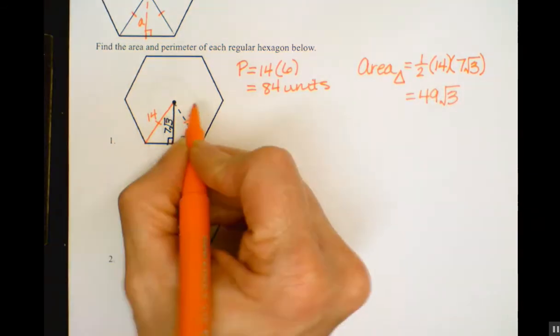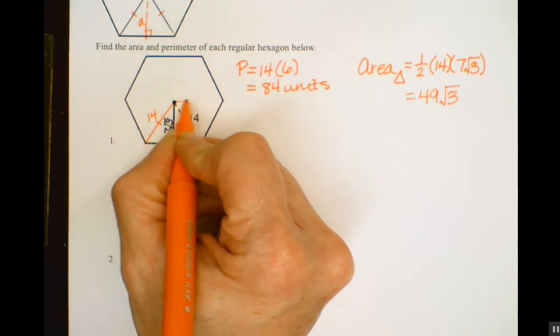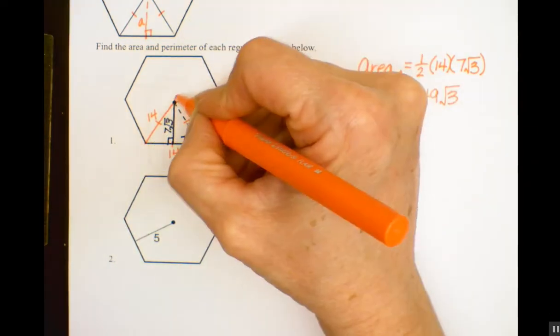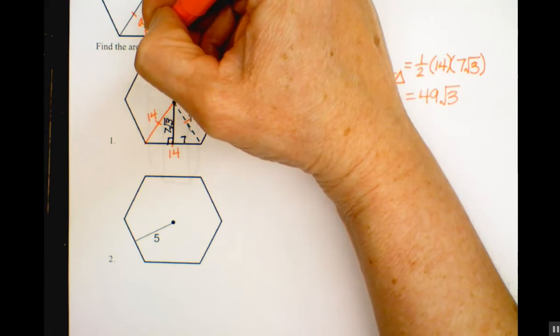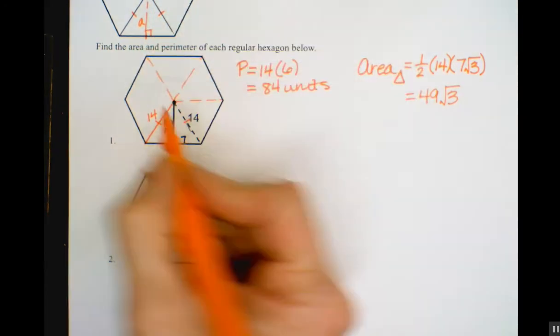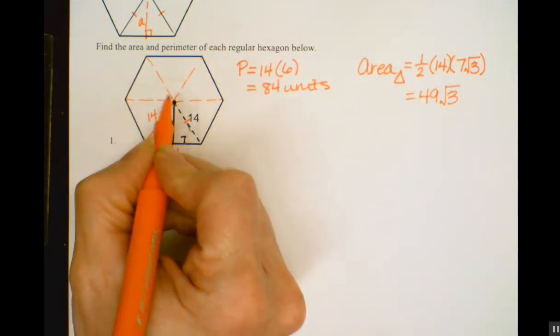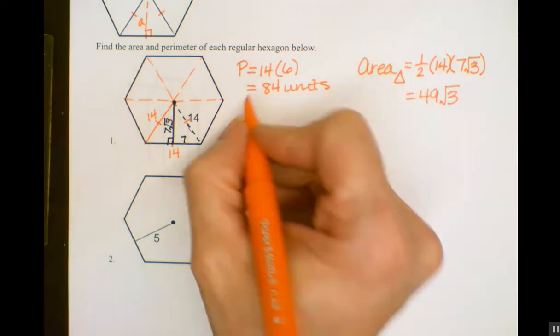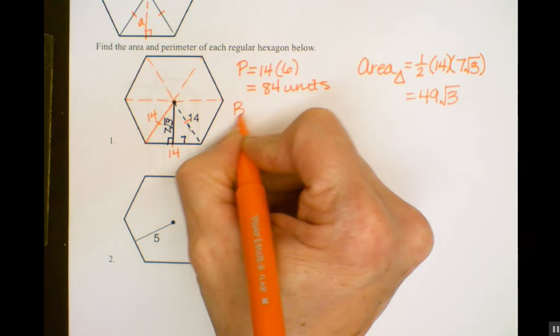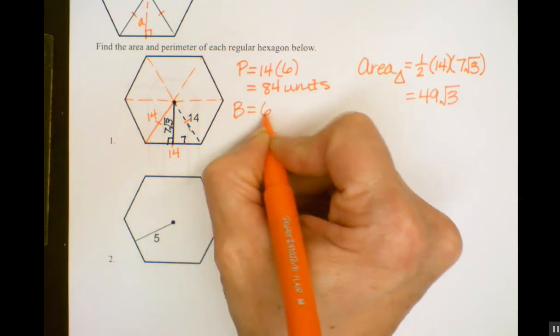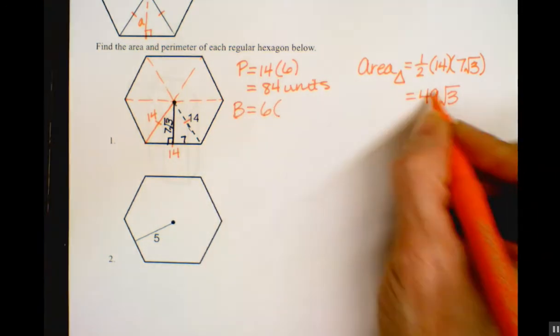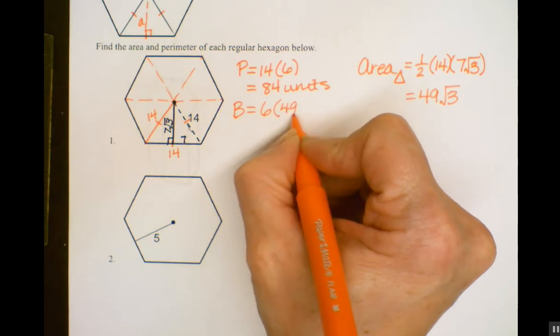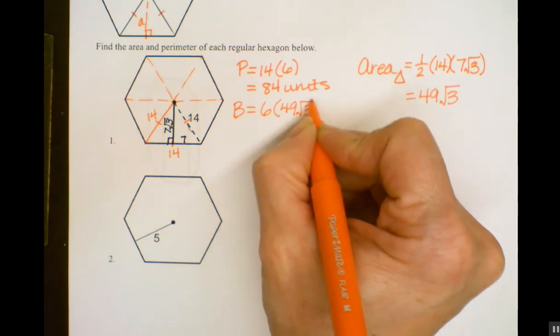Now let's use that to help us determine the area of the hexagon. We've already said that this regular hexagon is composed of 6 equilateral triangles. If this is the area of one of the equilateral triangles, then the entire area of that base would be 6 for the 6 triangles times 49 root 3, the area of each one of the triangles.